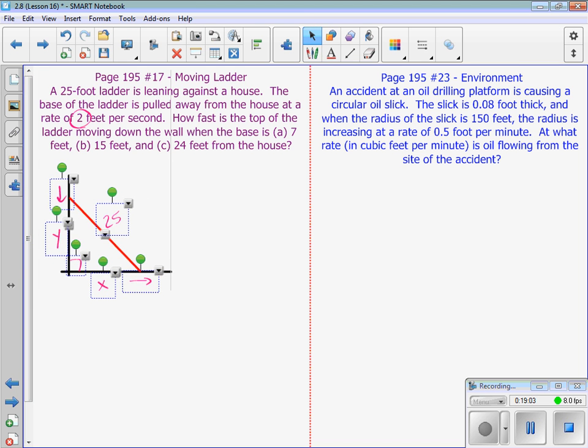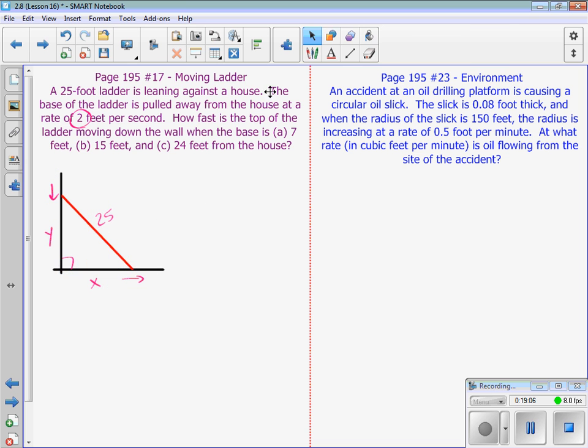And now I need to start with my known and what I'm trying to find here. So it's known that it's being pulled away from the house at 2 feet per second. So what is that rate going to be denoted as? dx/dt, right? Because this one is being pulled away. So my x is increasing at that rate.